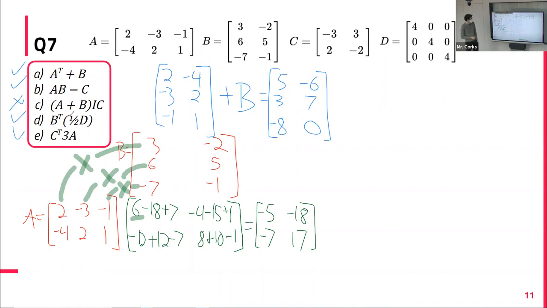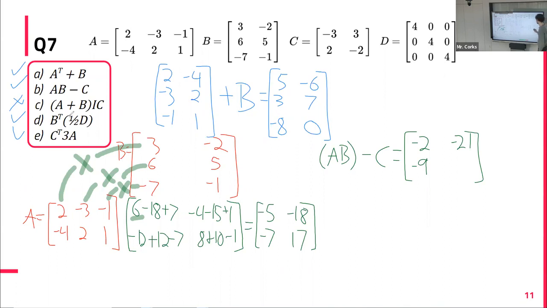Okay. And then we take this thing and we subtract C. So AB, we've already calculated, minus C. What will our result be? -2. -21. -7 minus 2. -9.